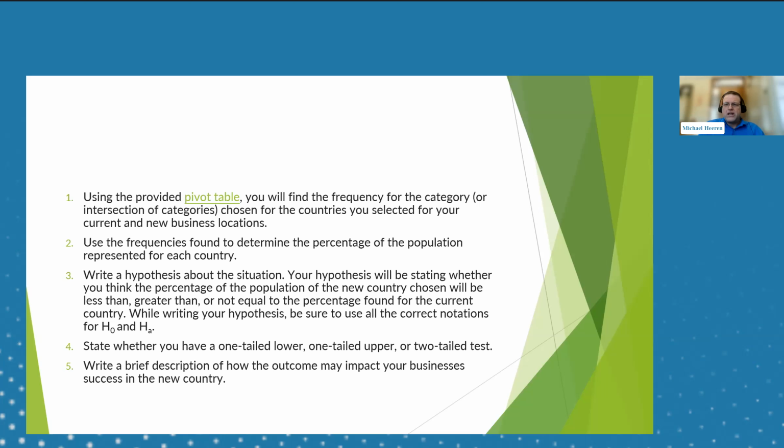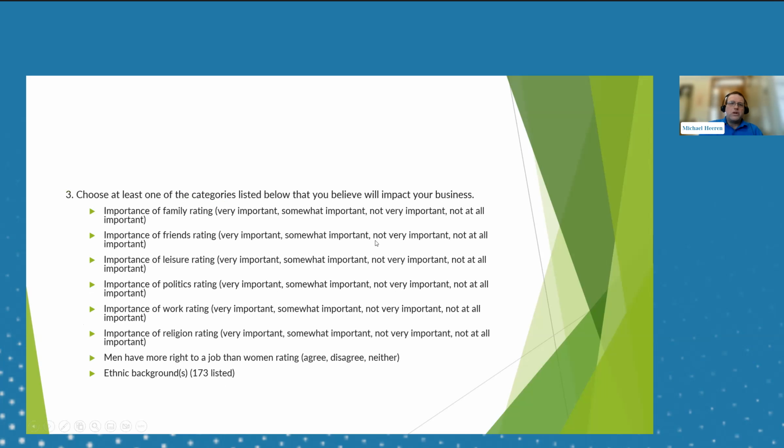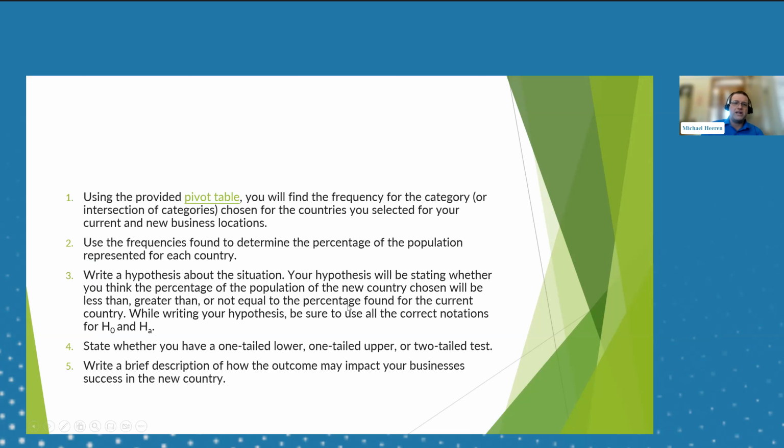So this is saying, how do I think these two particular countries are going to compare with this particular data, whether you're talking about just the family ratings or the friends ratings? Which one seems to be higher or lower? Do they seem to be about the same? What do you think? That can make a nice determining factor when you are planning to go someplace. It could make the difference between a business succeeding or failing.